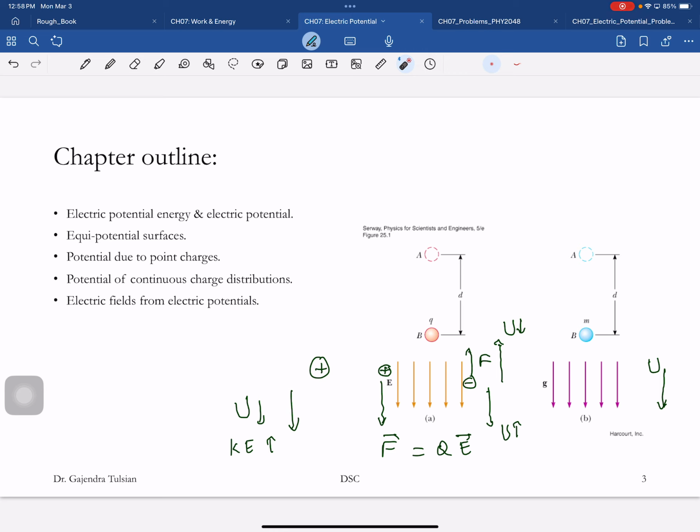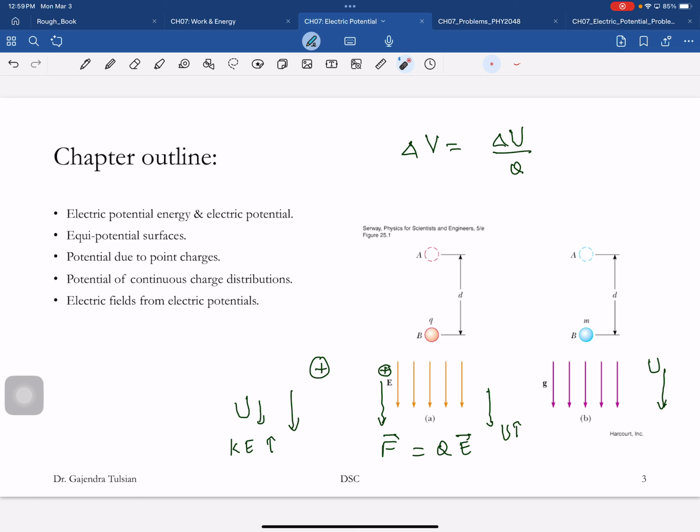So we want to define something that is charge independent. And that's what this is. Electric potential is potential energy per charge. So the change in electric potential is the change in potential energy divided by the charge. And that will remove the charge dependence. As the positive charge falls, its potential energy is decreasing, divided by the charge gives you a decrease in electric potential.